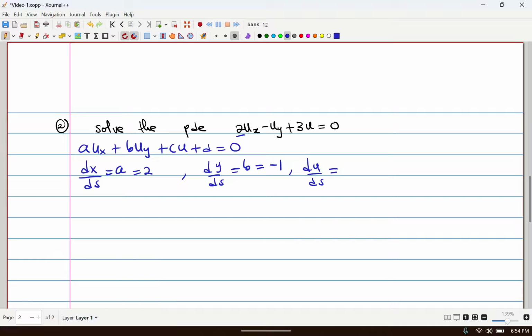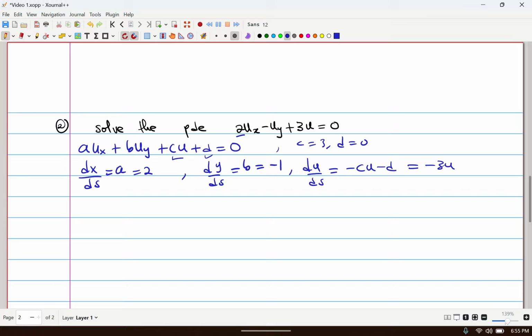Here c is 3 and d is 0, right? And c is 3, so you have negative 3u minus d, d is 0, so you have negative 3u.